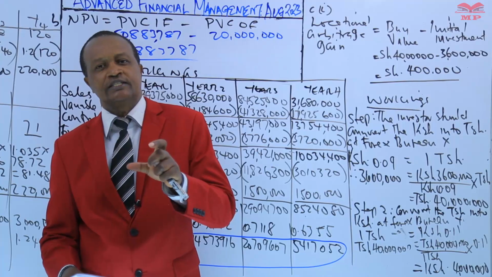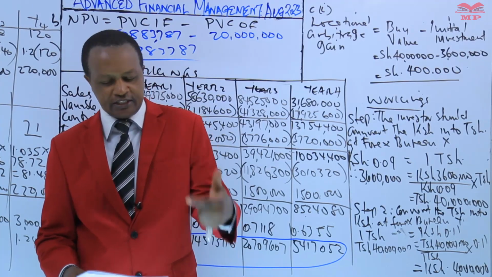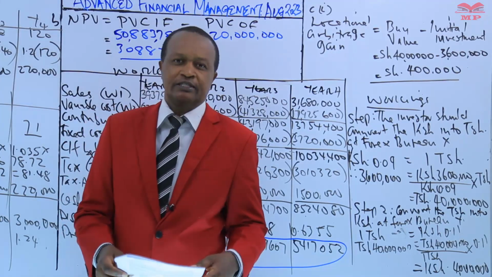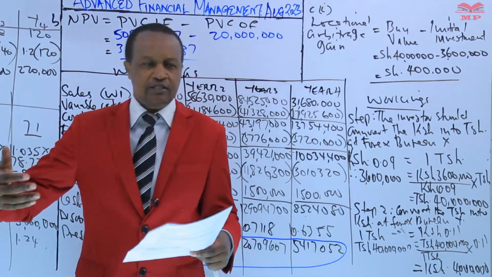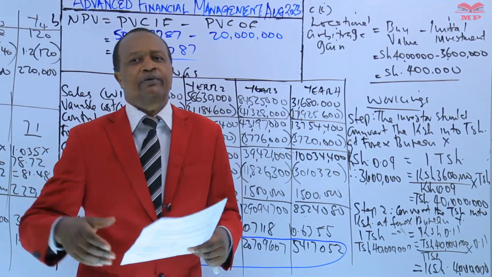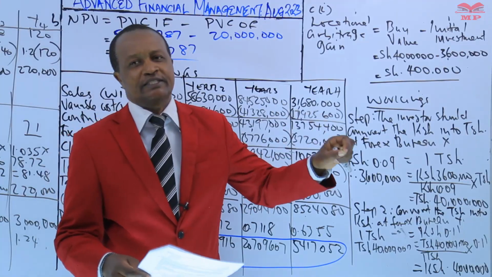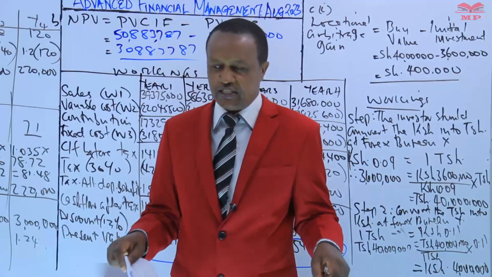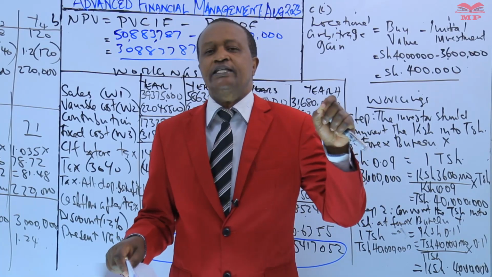Now, candidates, the scenario that is necessary for locational arbitrage to exist is the presence of price discrepancies for the same asset in different markets. That is the main scenario.